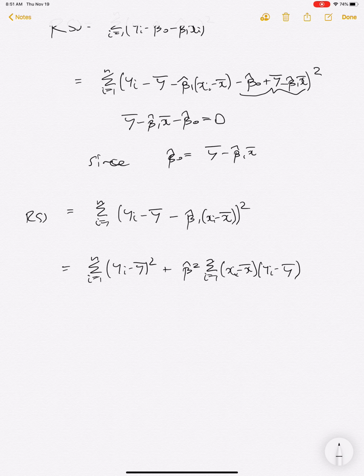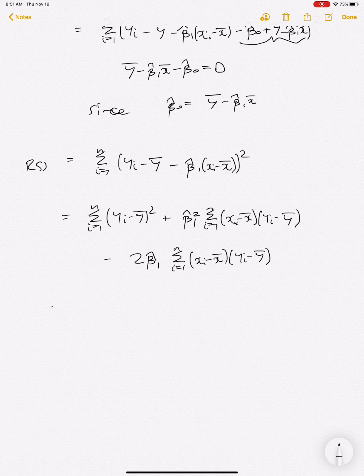Then we also have the cross term, so we're going to get minus 2 beta hat 1 times the cross sum. What we can see is that this relates to quantities that we already have. The first term here is just n times sy squared.